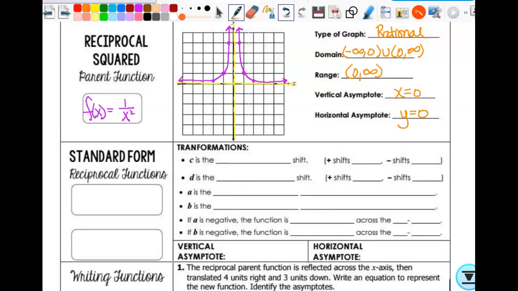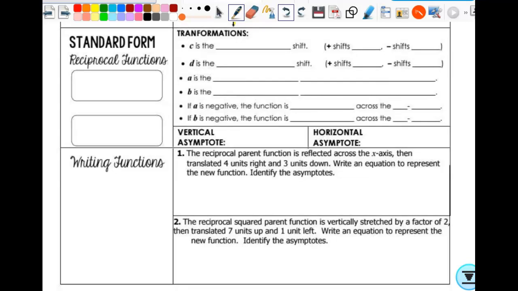All right, so let's talk about transformations. My standard form for my reciprocal functions, although the transformations that we do work the same on every single graph. The C is the C, the D is the D, and those sorts of things. But it looks different here because it's in a fraction. So usually A is what we write first, right?